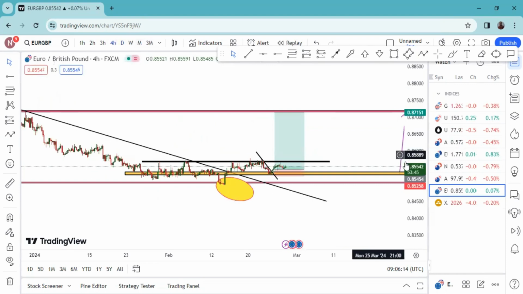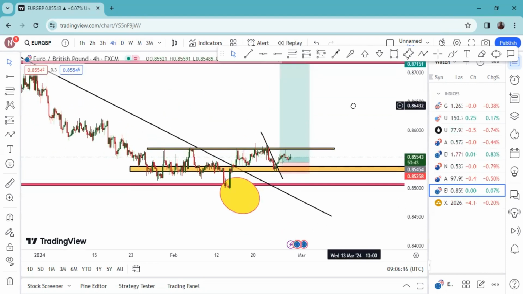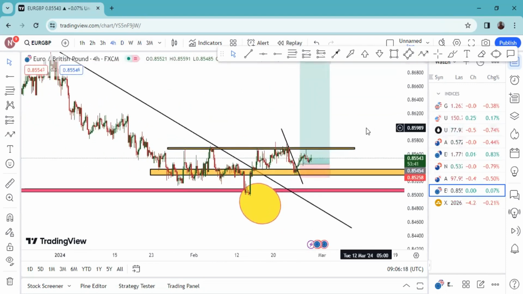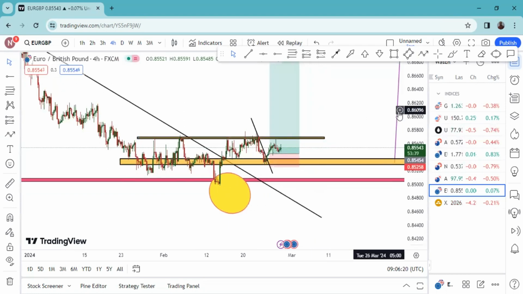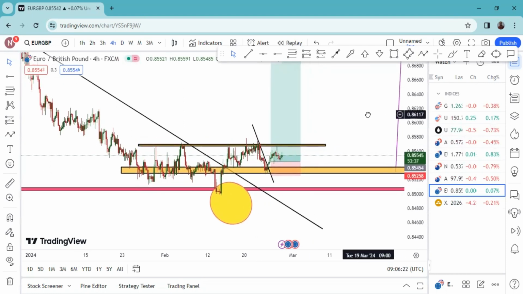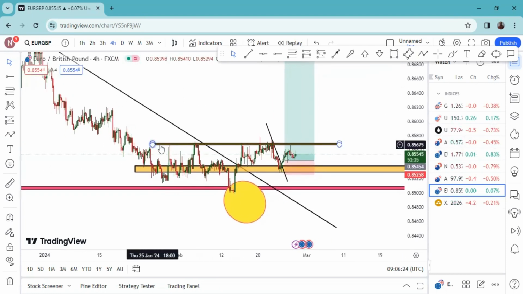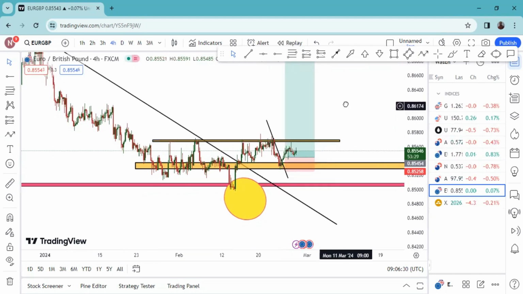When I came to 4 hours, you can see we have another level here. We have a very important level here. This level, the market retested here, here, here, here, here, and also here.